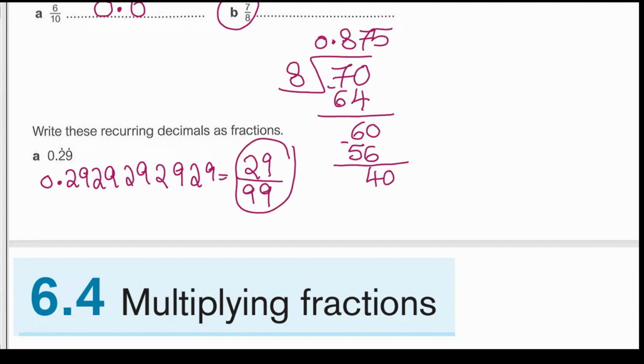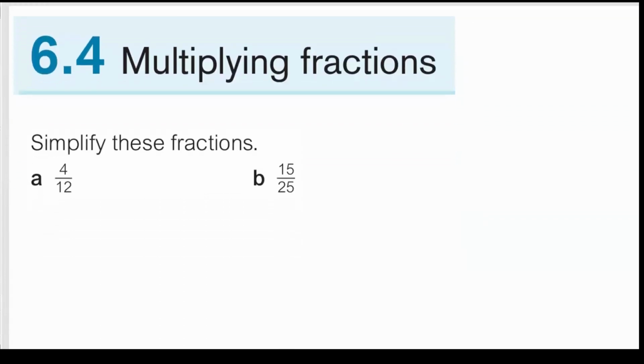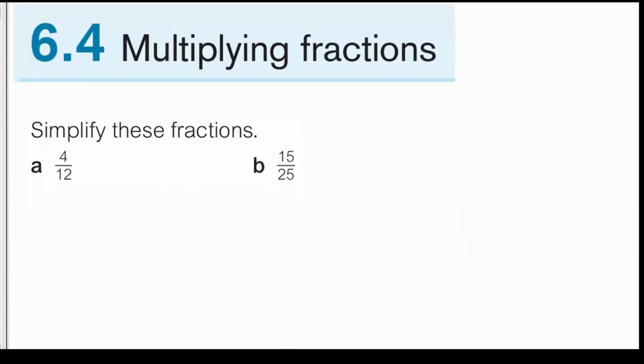Now, topic 4 is multiplying fraction, but before we move on to multiplying fractions, we need to understand how to simplify. Now remember, to simplify, you have to divide up and down by the same number. So I can divide here by 4 and here by 4, so it becomes 1 over 3. I can simplify here by 5 and here by 5, so it becomes 3 over 5.